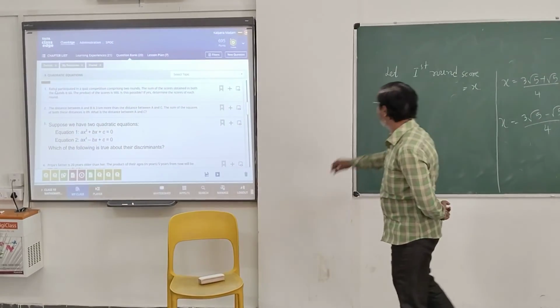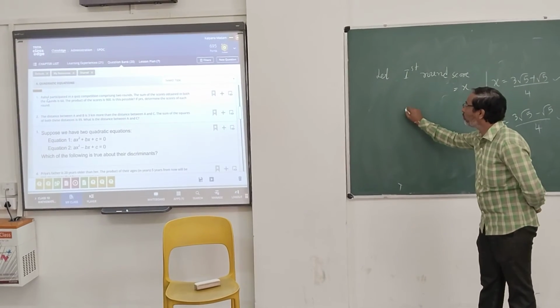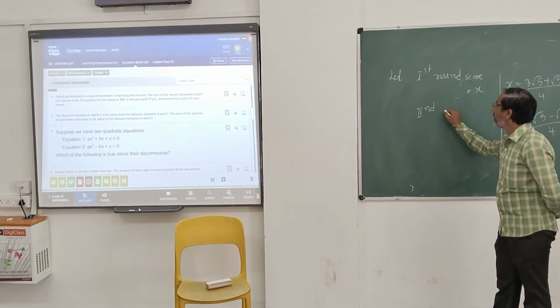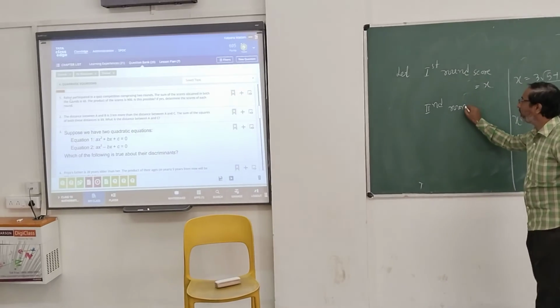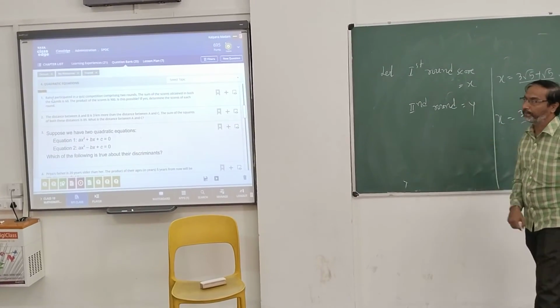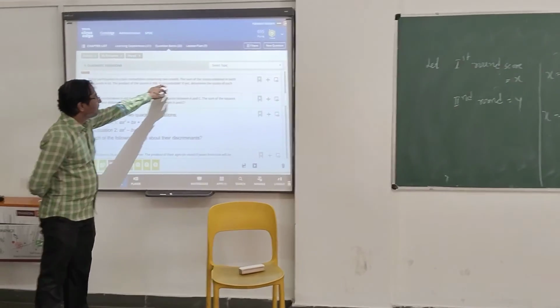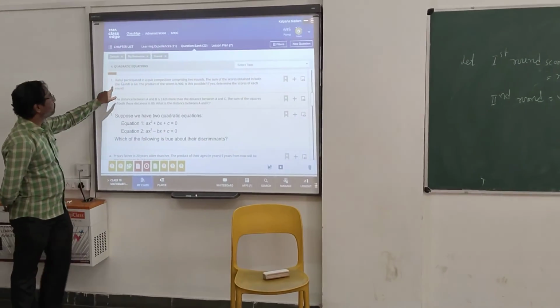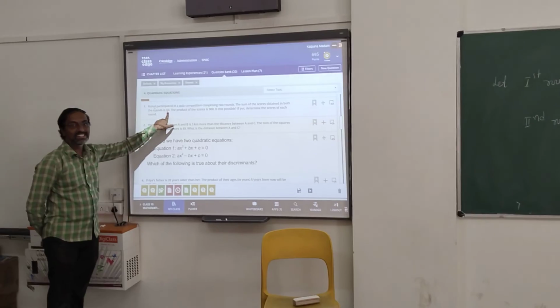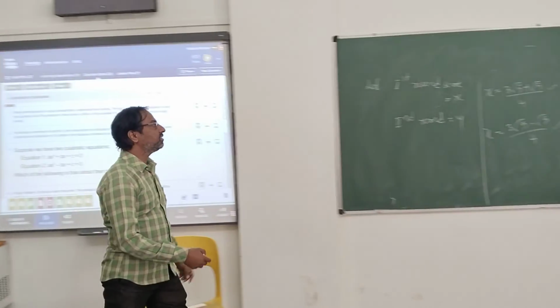Similarly, the score of Rahul in the second round, let it be taken as y. Now the question says the sum of the scores in both the rounds is 60.